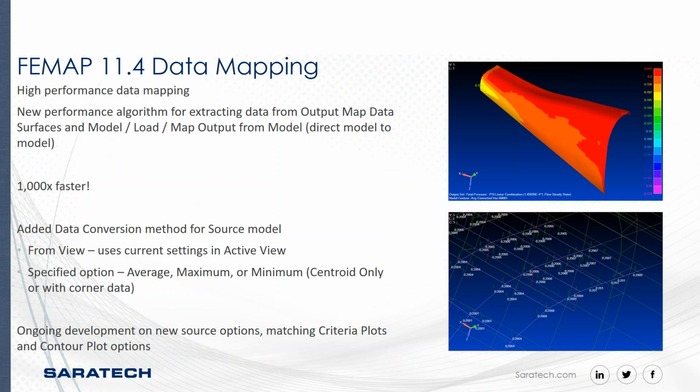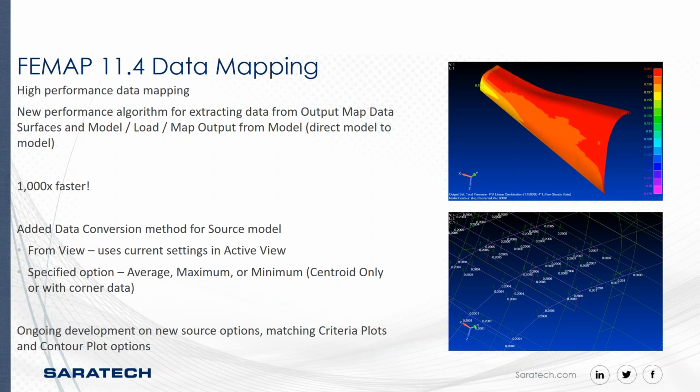Alrighty, some data mapping updates. Essentially, all that I'm going to be telling you here is that in FEMAP 11.4, the system was modified so it's faster to map data. It's about 1,000 times faster, and there's added data conversion methods, so you can do it from view or specified option like average, maximum, or minimum.